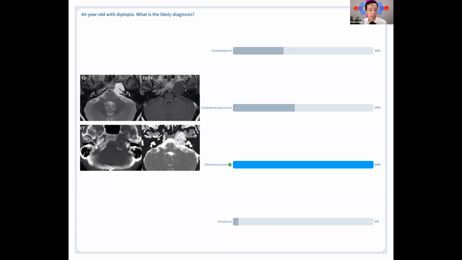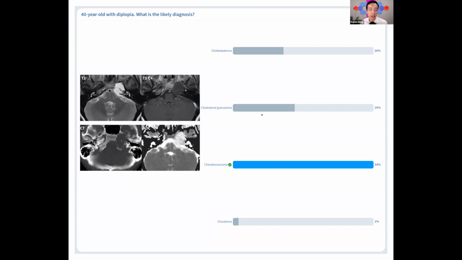And on the ADC map, this is very high diffusivity relative to brain. So in this location, the petroclival junction, a T2 hyperintense expansile lesion with maybe some calcification and high diffusivity would be typical of a chondrosarcoma.